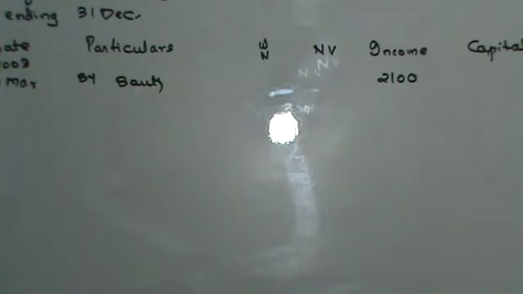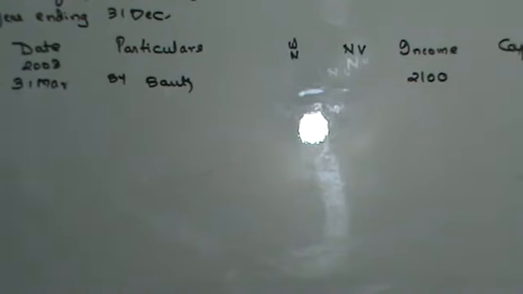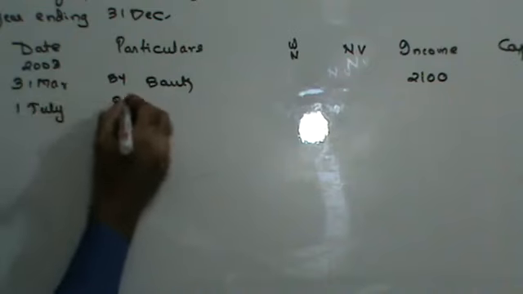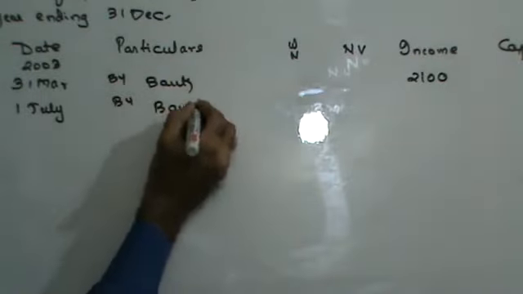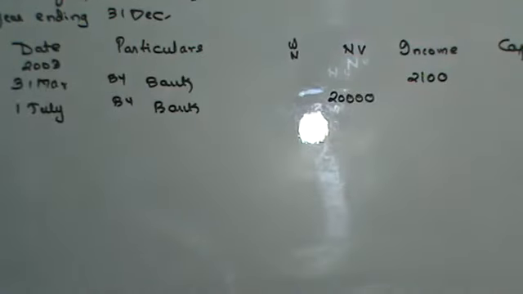On 1st July sold 200 ex interest debentures. Debit what comes in, credit what goes out. On what date did I sell? On 1st July. Sold by bank. I have sold 200 debentures. Face value of each debenture is 100 rupees.